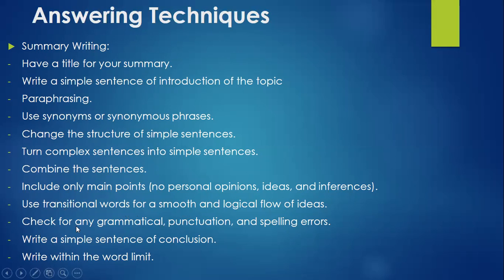Once you have written your summary, check your summary for any grammatical, punctuation, and spelling errors. And end your summary with a simple sentence of conclusion. One sentence will do. And this is a very important thing, write within the word limit.